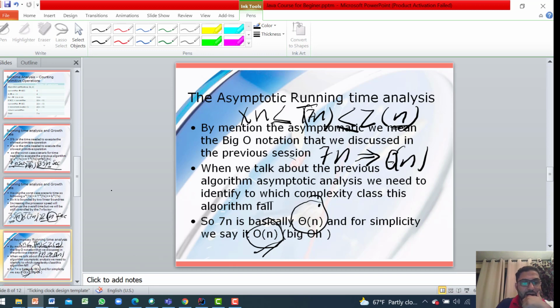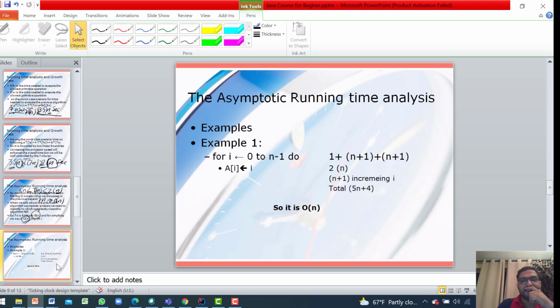But let's talk about some examples and see how we are gonna handle these scenarios. For example, in this example, I have here a for loop. My for loop goes from 0 to n minus 1.